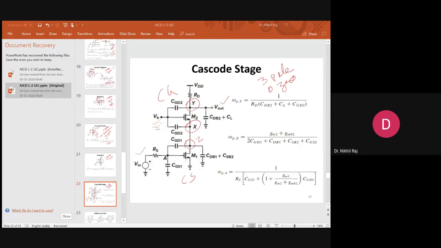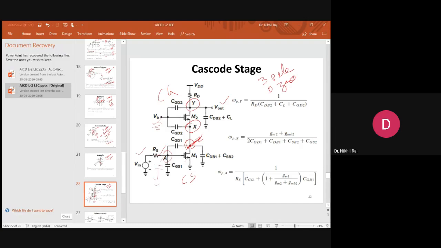A is not a node. One minute. In which slide? Oh yeah, a is a node, definitely a is also a node. Yes, sorry, not at z, a node will be at a, because this is the Miller capacitance, so here also one capacitor will come, node a.